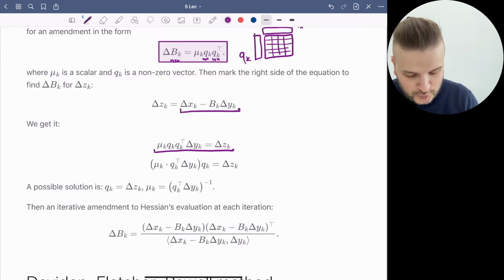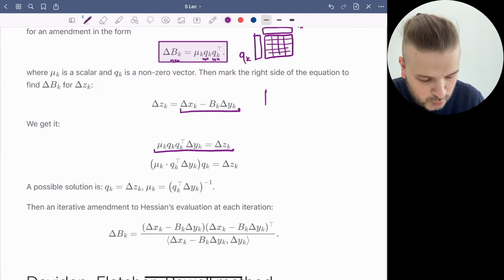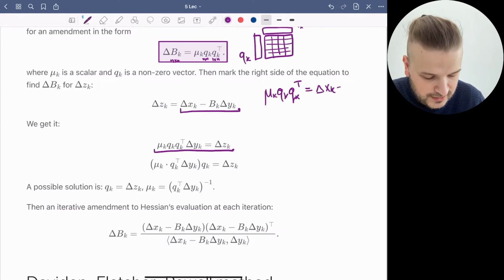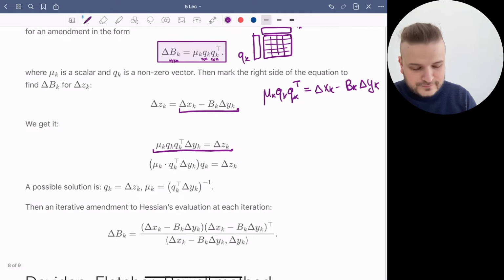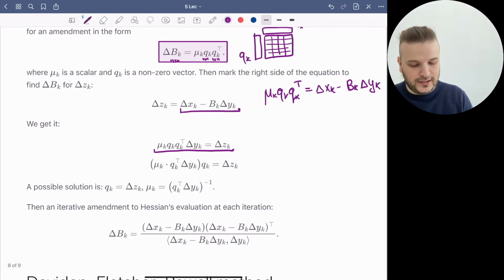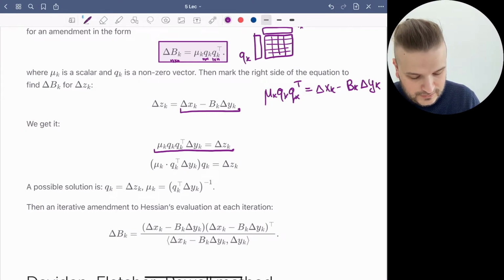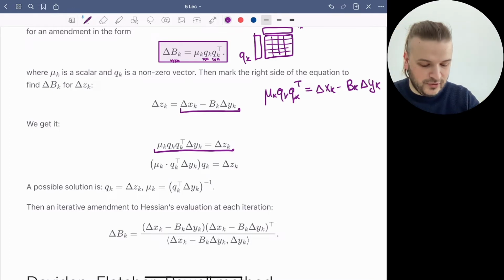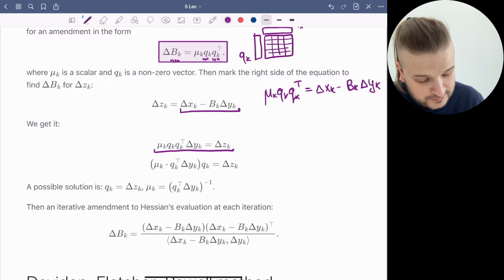So we just substitute it, and what do we have here? Mu k qk transpose qk delta xk minus bk times delta yk. That's one of the possible solutions. I forgot to multiply it by delta yk here.